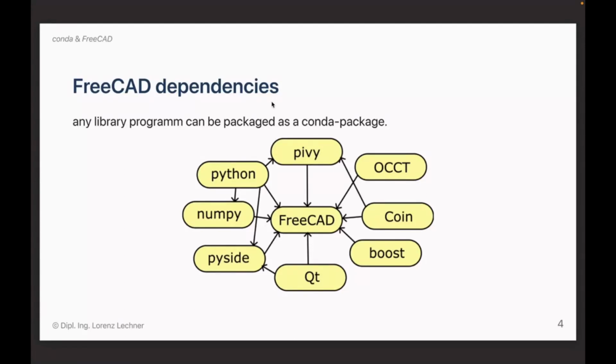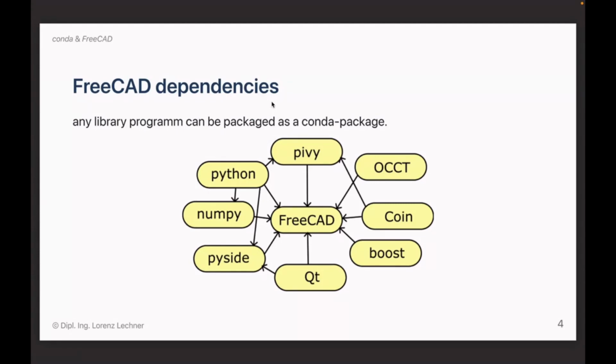Then we have Boost, Qt for the graphical user interface, PySide, which is the Python binding to Qt, NumPy, which is a numeric library for Python, then Python, the programming language itself, PyVio is the Python binding to Coin, and there are more, but you see there are these packages. FreeCAD needs these packages to work correctly.